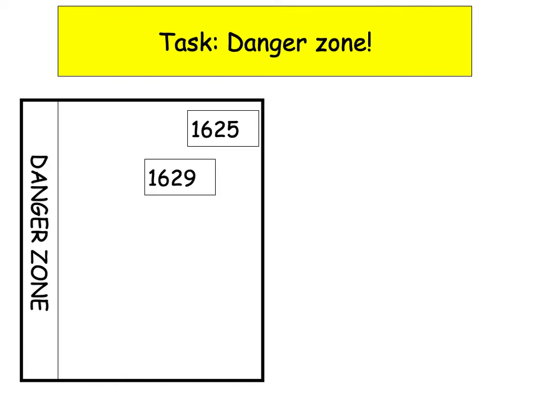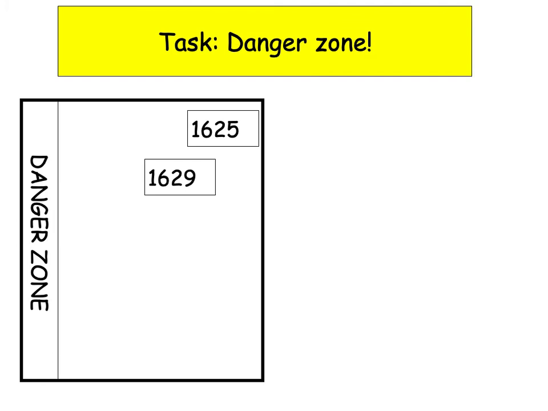So I'd like you to draw yourself a danger zone down the side of an A4 piece of paper. Now what I would do is I would take my margin on the piece of paper and just run a line down the margin. In the margin then write danger zone, just like we have here. You should have each of your different cards arranged chronologically down the page.